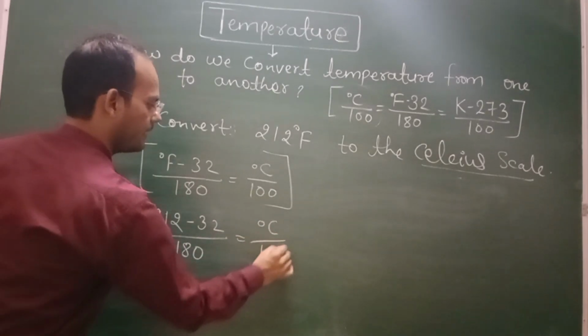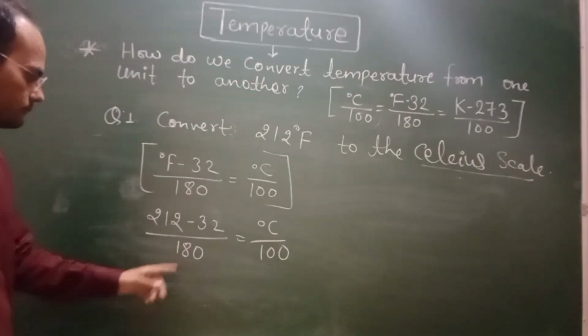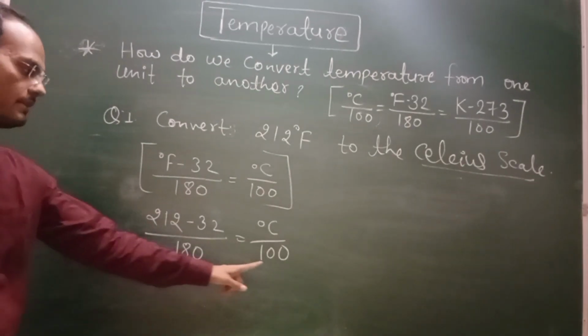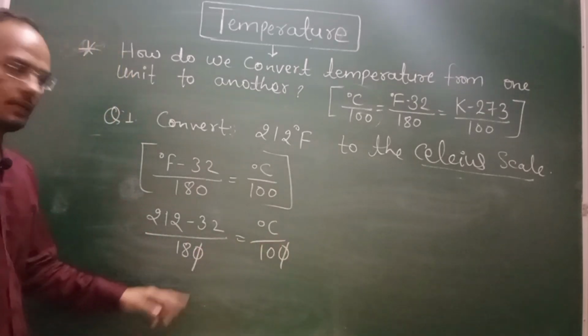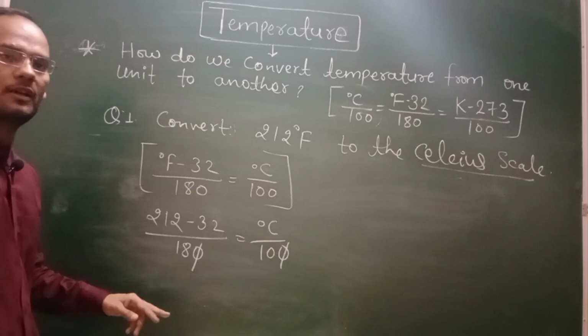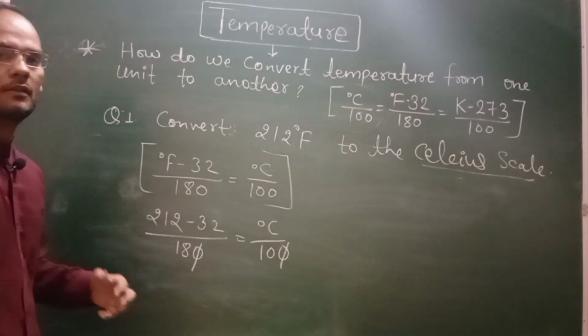Now see, here is 180 and here is 100. So the 0 will cancel out, and by which table will these two numbers be divided?